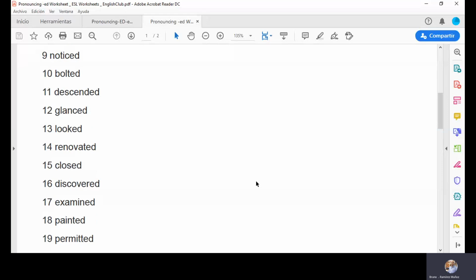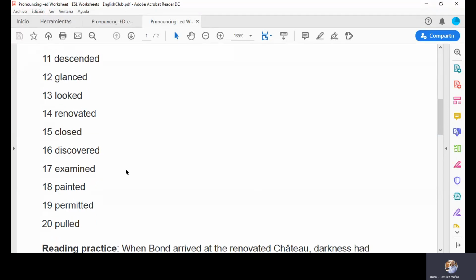Okay, we are doing number 16, which is discovered, d, voiced d. Number 17, examined, d, voiced d. Number 18, painted.